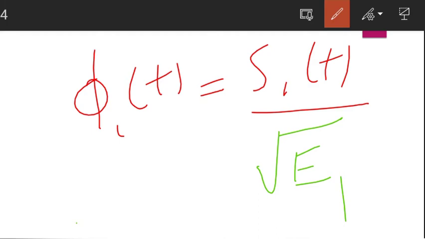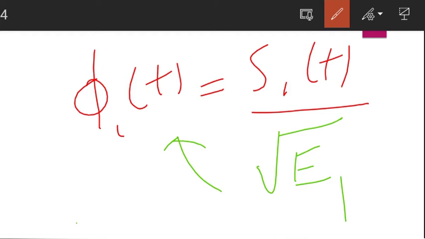From this, the energy can be found if this is taken to the left-hand side, so that root of E1 is equal to s1 of t divided by phi 1 of t. As we all know, s1 of t is equal to s11 into phi 1 of t. By replacing phi 1 of t, we can write s1 of t divided by root of E1.